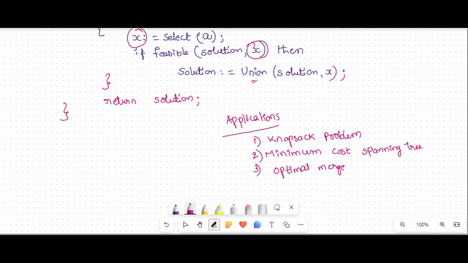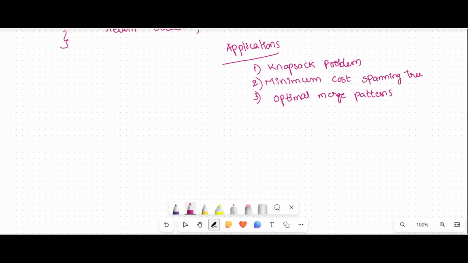And the last one is single source shortest path algorithm. These are the applications we are going to discuss in this greedy approach.